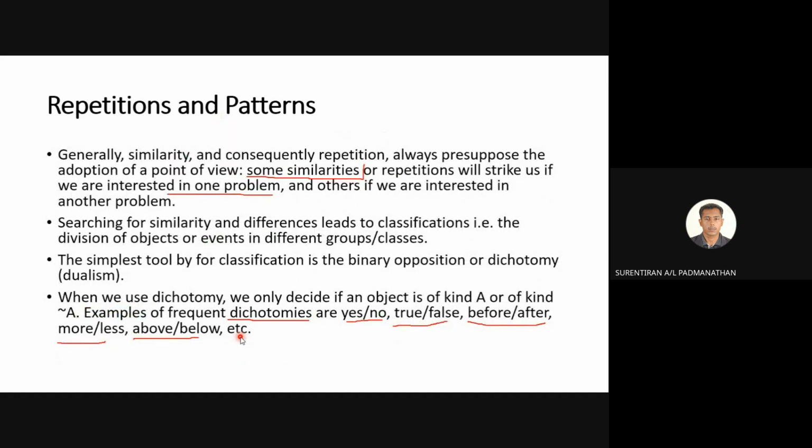So generally, similarity and consequently repetition always presuppose the adoption of a point of view. Some similarities or repetitions will strike us if we are interested in one problem, and others if we are interested in another problem.